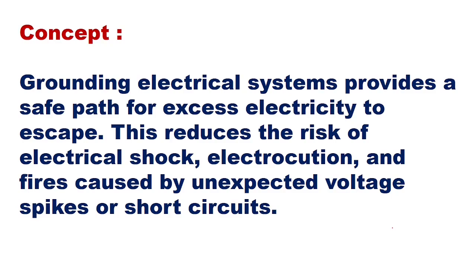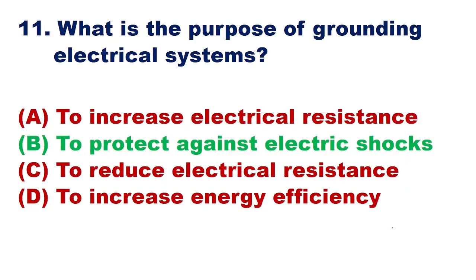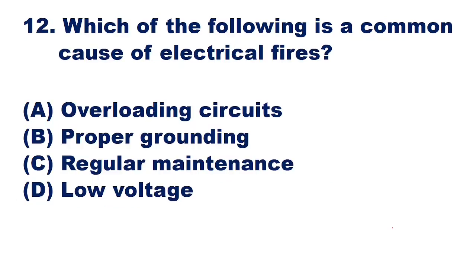The excess current starts flowing, so excess electricity escapes to the ground, and because it goes to the ground, it reduces the risk of electrical shock, electrocution, and fires caused by unexpected voltage spikes or short circuits. So here with this concept we can conclude that option B will be the right answer. That is, the purpose of grounding electrical systems is to protect against electrical shocks. Then we'll go to the next question.